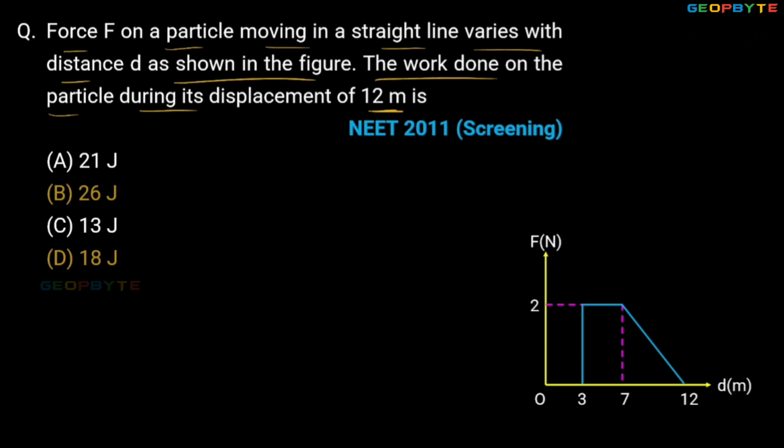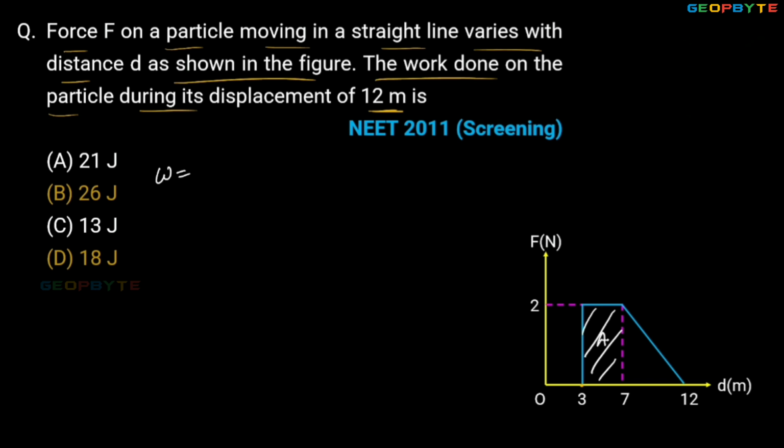The displacement starts from 3 meters and goes to 12 meters. Then what is the work done equal to? The area in the force versus displacement curve gives the work done.